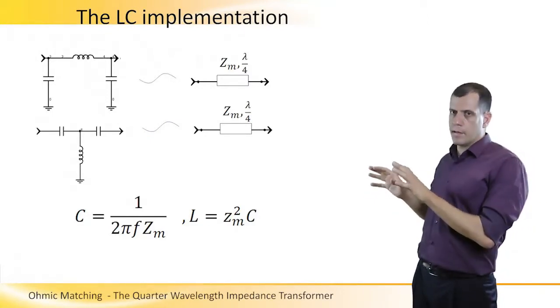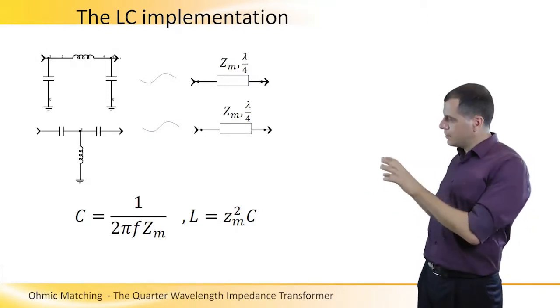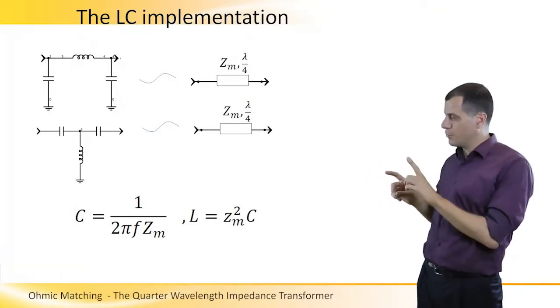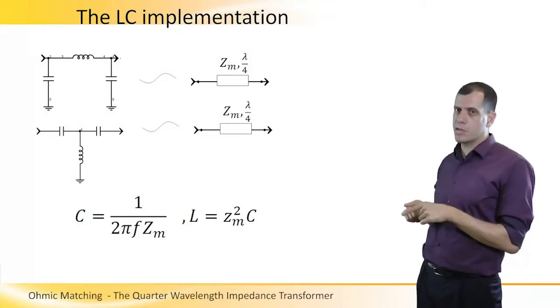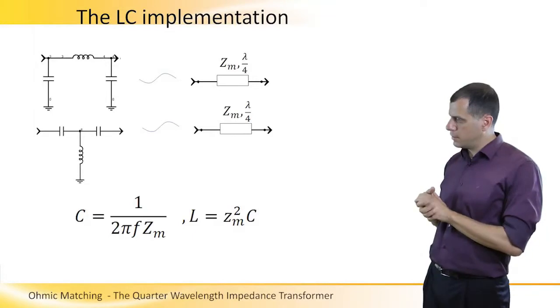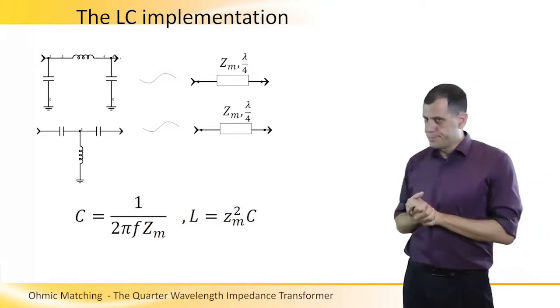This way we have identical devices that do the matching at the center frequency. Of course, they have a common solution at the frequency that we are working at, which is marked here with F.